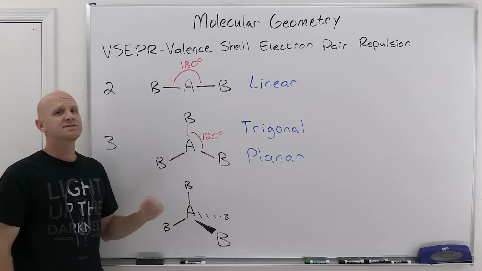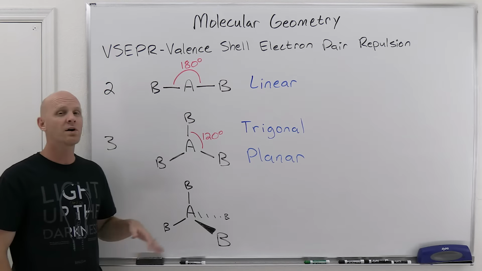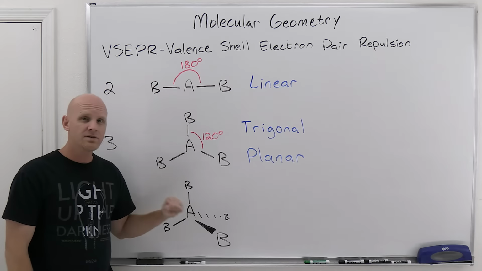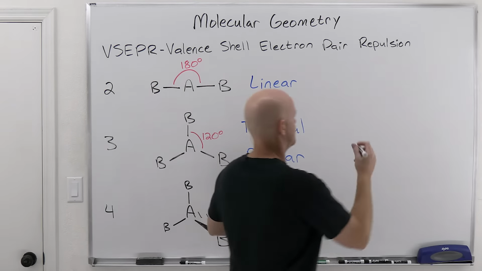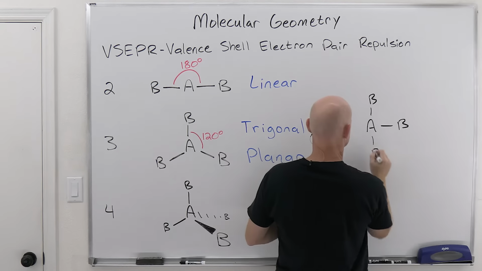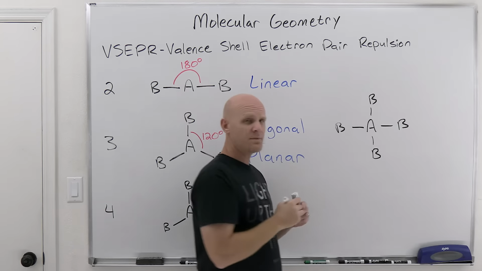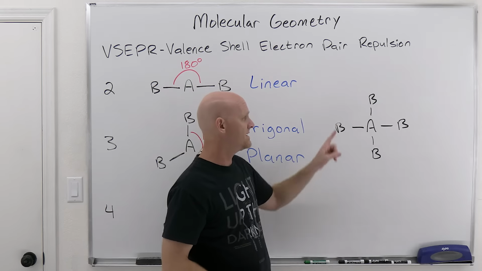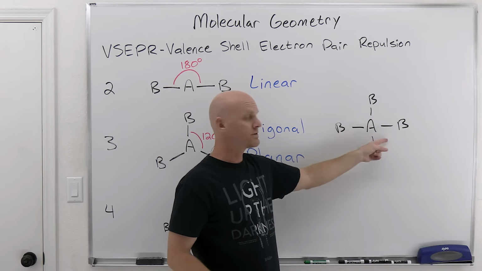All right, 4 is where things get a little bit complicated because it's no longer 2-dimensional. If it was 2-dimensional, we'd just take 360 degrees again and divide it by 4, and we'd get bond angles of 90 degrees.